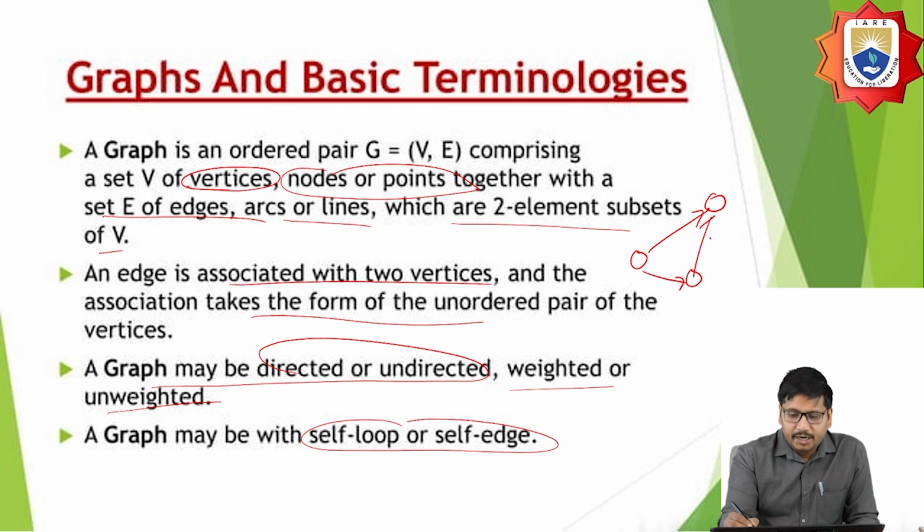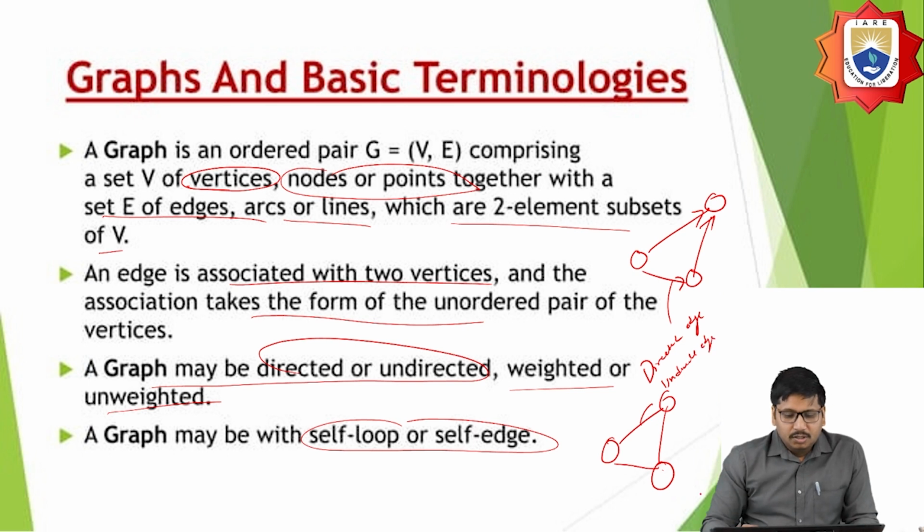So this should be the directed edges. And the graph which does not have any directions should be called undirected edges. And if I assign weights along the edges, it should be treated as a weighted directed graph. Similarly, if I assign weights here, that should be a weighted undirected graph.